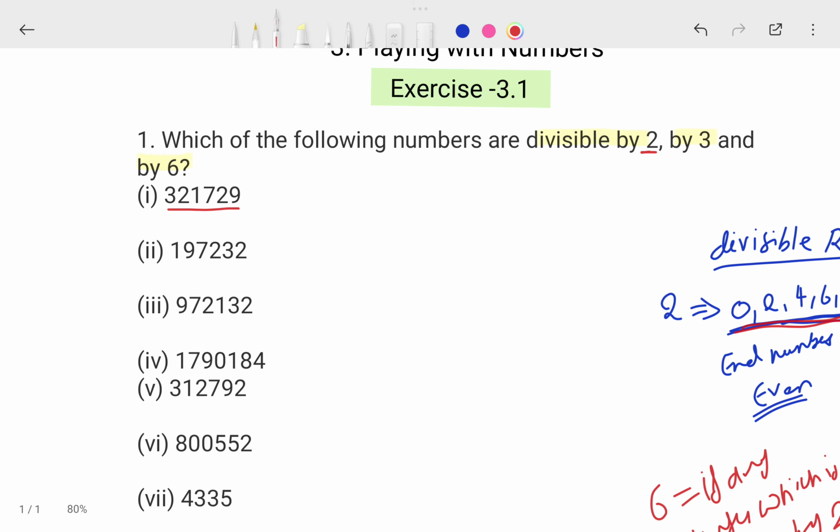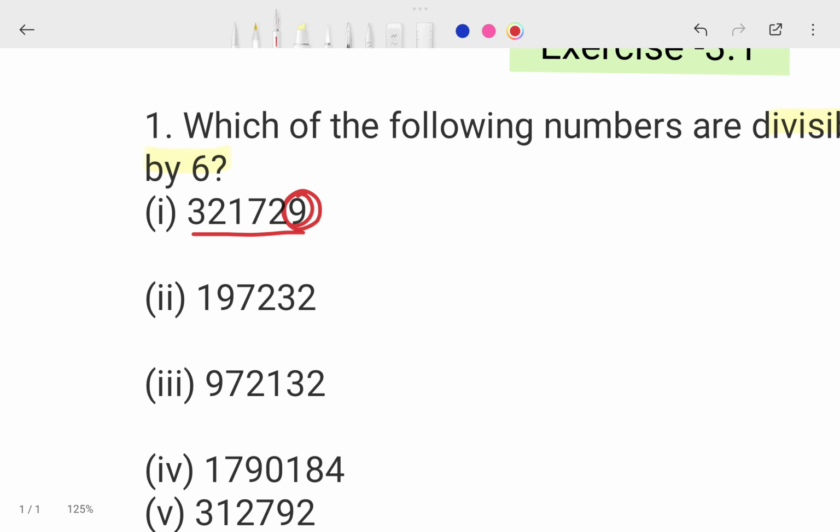This number ends in 9. It means it is not possible to divide by 2. So we write not divisible by 2.